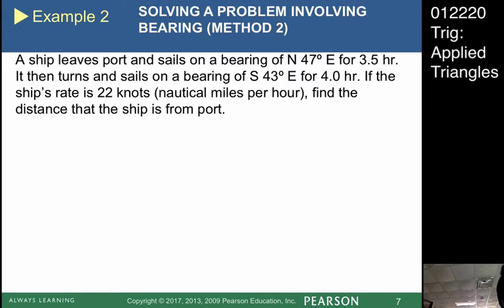And 7 over 8 is 0.875. Sorry, what did you say? 0.875.